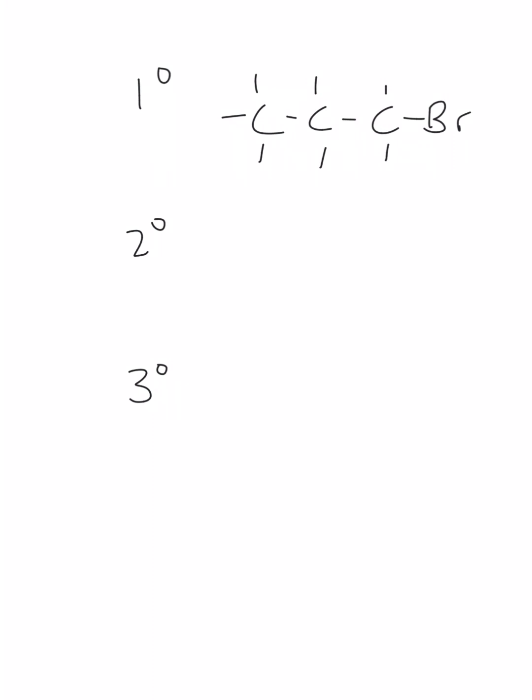Why? Because this carbon, where the halogen is attached, is a primary carbon. So that's a primary halogenoalkane, and we said it would be called 1-bromopropane.